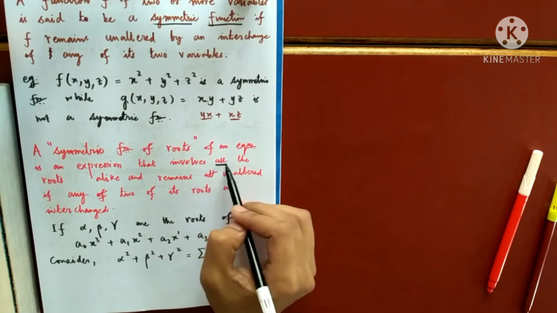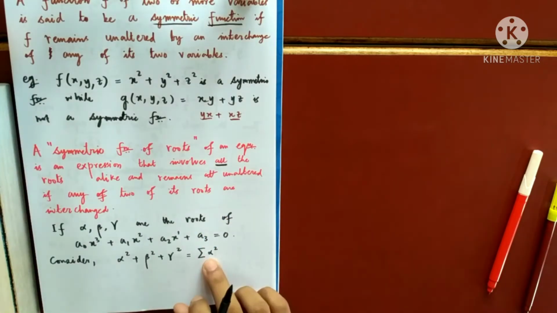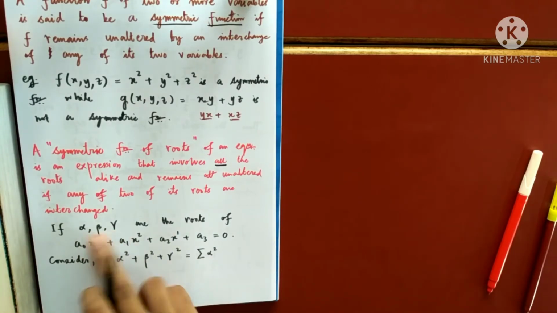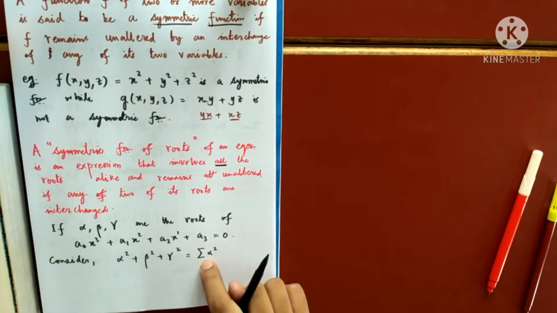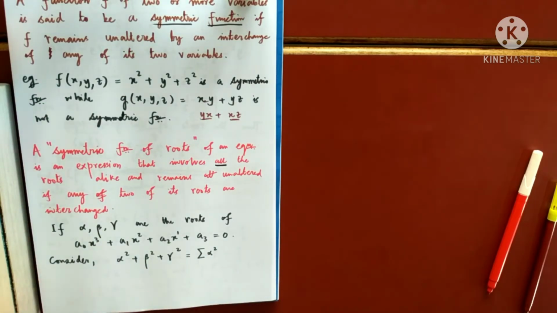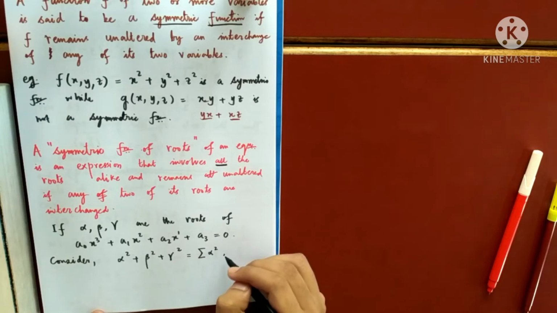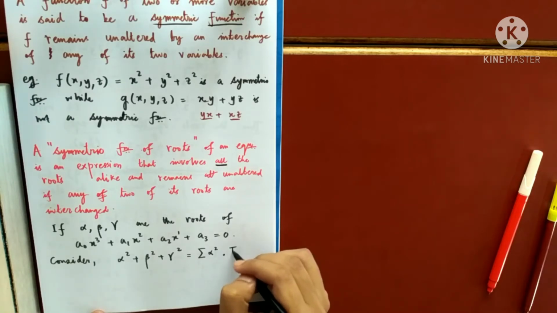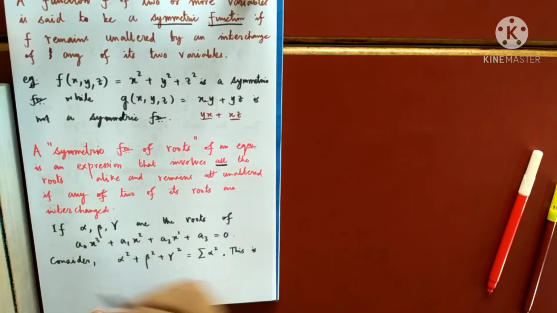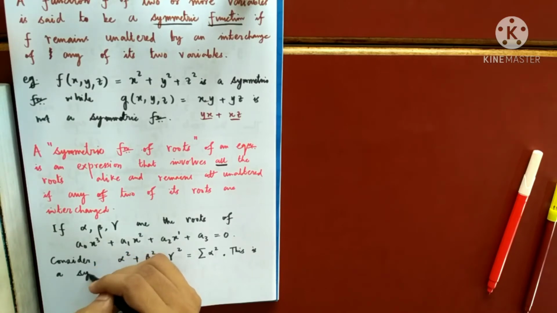Keep that in mind: all. For this equation there are three roots, so summation alpha square must contain three terms: alpha square plus beta square plus gamma square. Consider this. This is a symmetric function of roots.